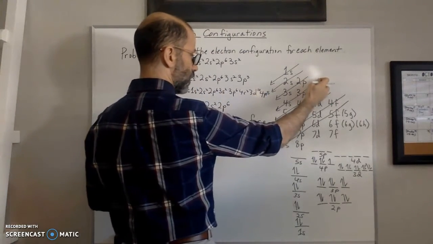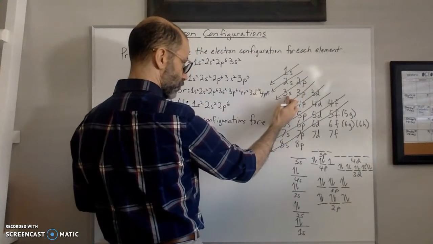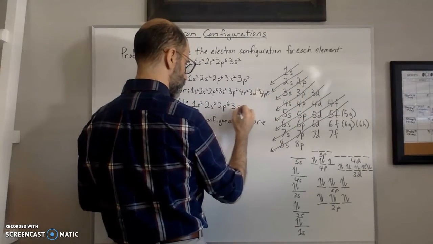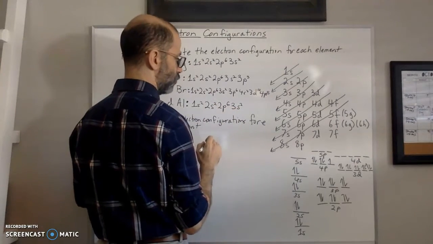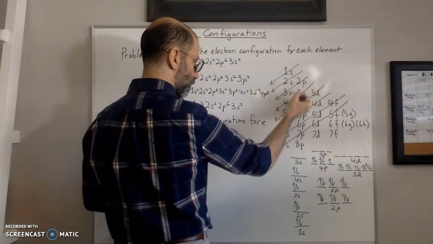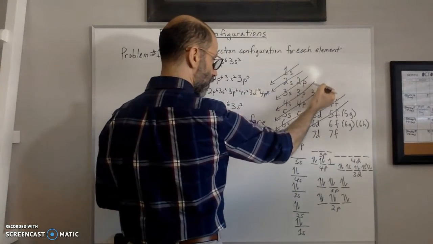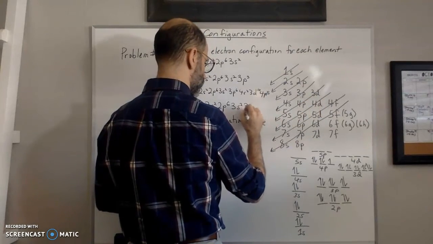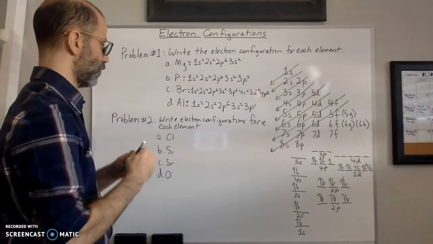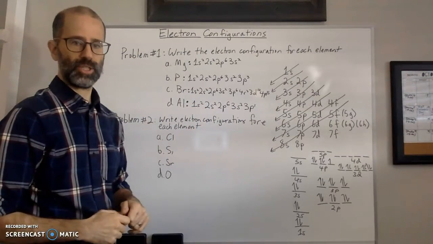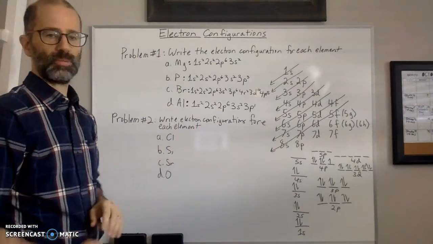After the 2p, we go to the 3s, and we put 2 electrons in there. That's 12. I have 1 more electron. Where is that going to go? So I have 3s, I go up here, and it goes to 3p. So 1 electron in the 3p. So that would be the electron configuration for aluminum.